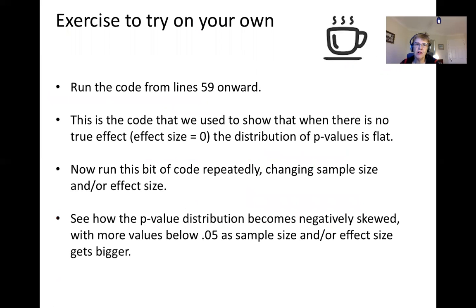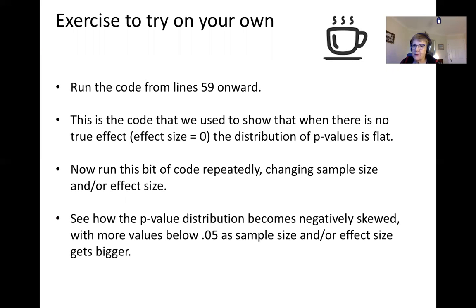So the thing to try on your own then is to play with the exercise and then try the code from lines 59 onwards, because previously we ran it with a null effect and it showed you this very flat distribution of p-values. When the null hypothesis is true, the expectation is that all p-values are equally likely. What you find when you put in a real effect is that that distribution shifts and becomes positively skewed, like a skewer going out to the positive end.